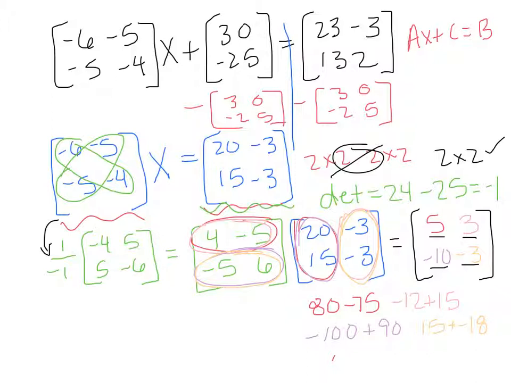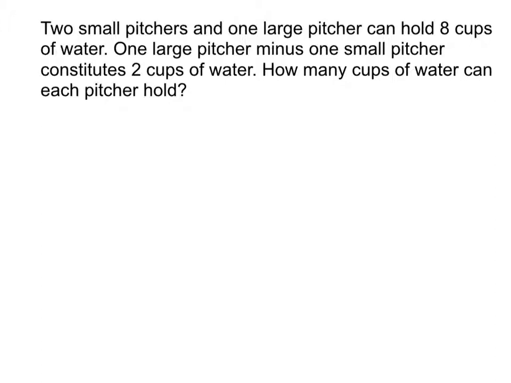So in this case, we weren't solving for a variable or a particular variable. We were solving for a variable matrix, which meant an unknown matrix. And there's our unknown matrix, 5, 3, negative 10, and negative 3. For the rest of the examples in this video, I'm going to focus on setting up the matrix equation, and then we're going to use technology in order to solve it.